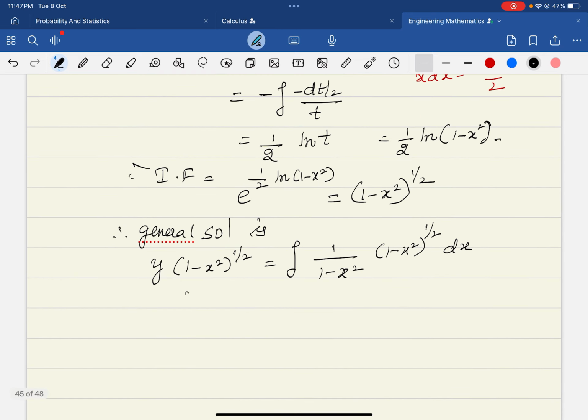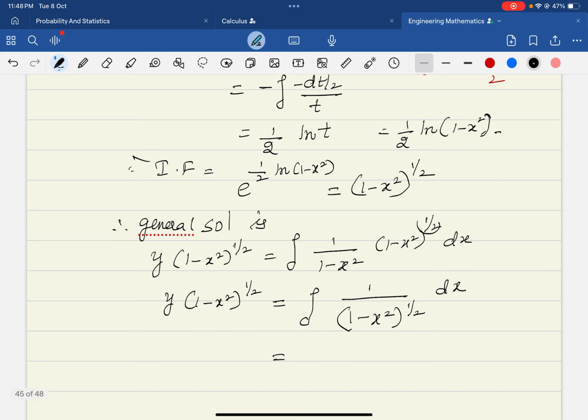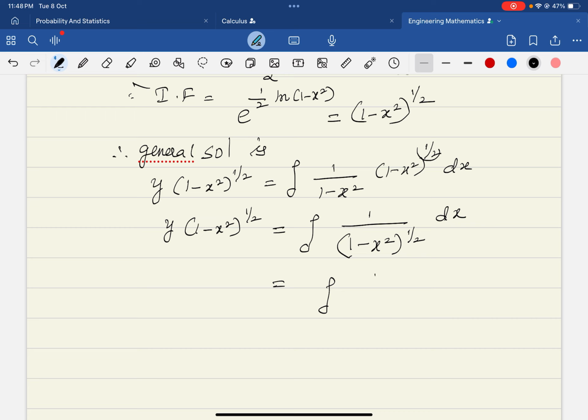So next we have to write this as y into the square root of 1 minus x square, or keep it like that also, no problem. That is given by the integral of 1 times (1 minus x square) power minus half dx. Now what is this? This is nothing but the integral of 1 over the square root of 1 minus x square dx.